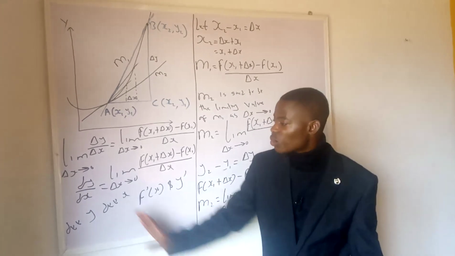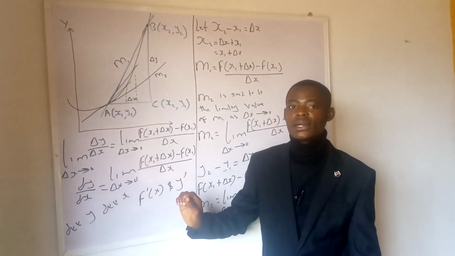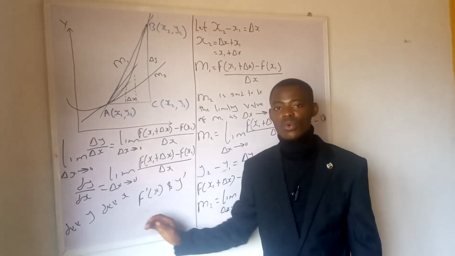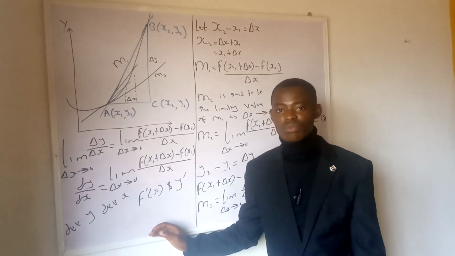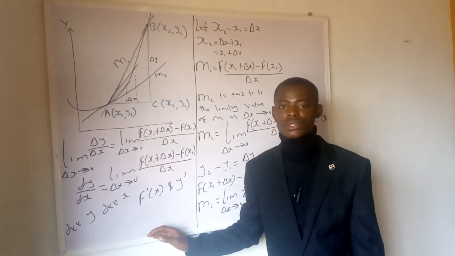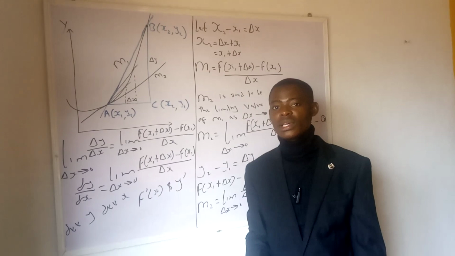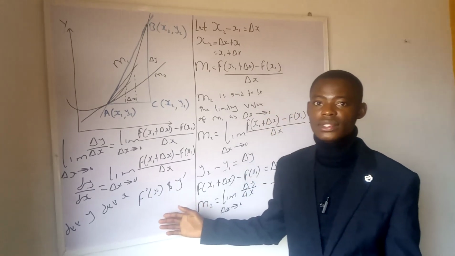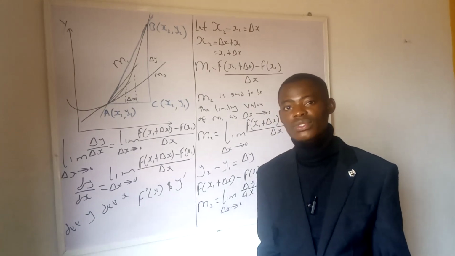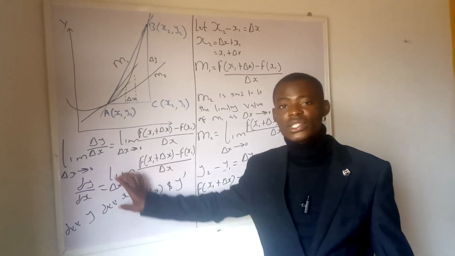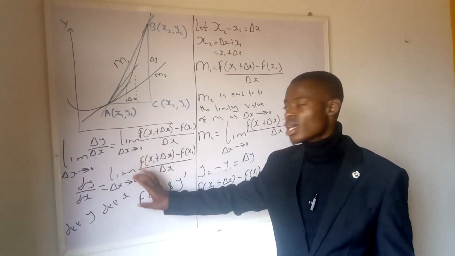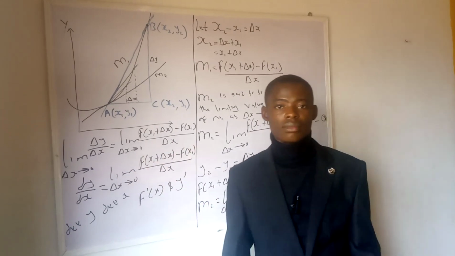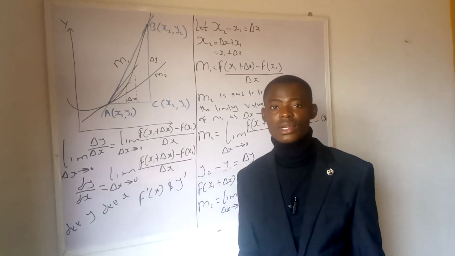But for now, just know that dy dx is either the derivative of a function y equals f of x, or the rate of change of y with respect to x, or the rate at which y is changing as x is changing. Okay, now you know how dy dx is introduced and how it is formed, in fact, what it really means, and also the reason why it is equal to the limit of the given function as delta x is approaching zero.